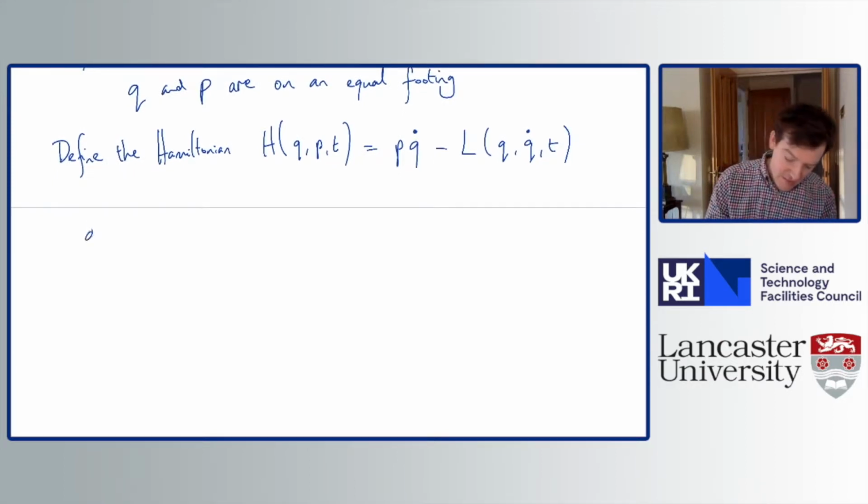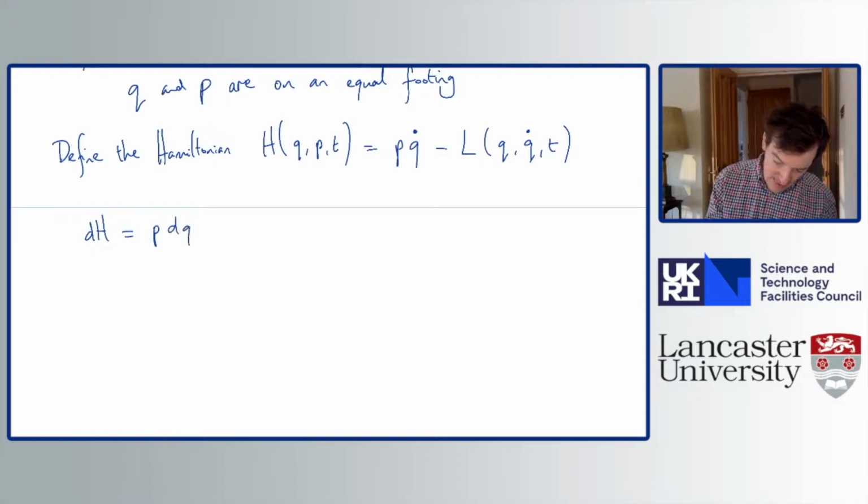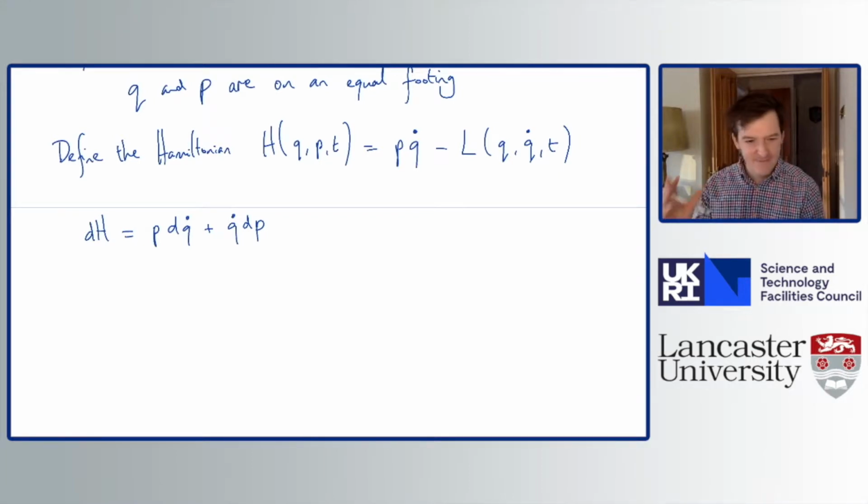We start by considering dH, the differential element of H. We can use our definition here, so it's going to be P dq dot plus q dot dP, just using the product rule.